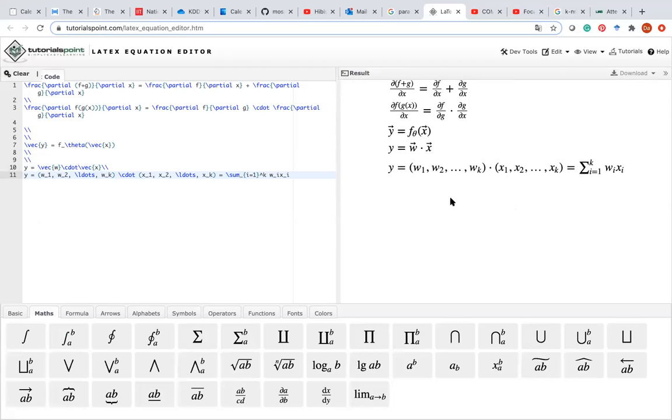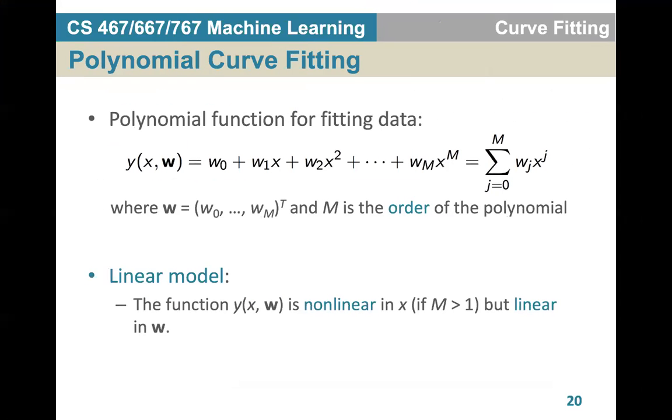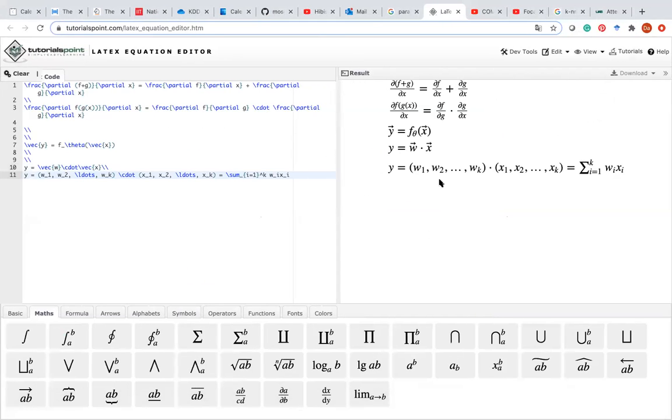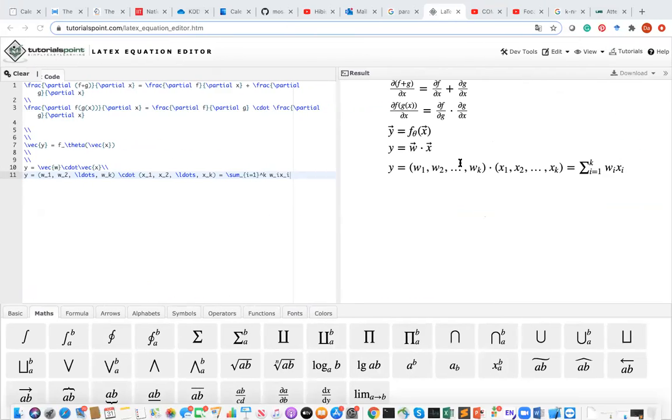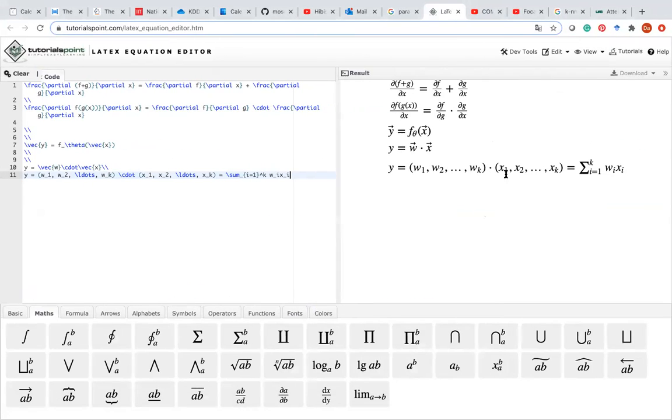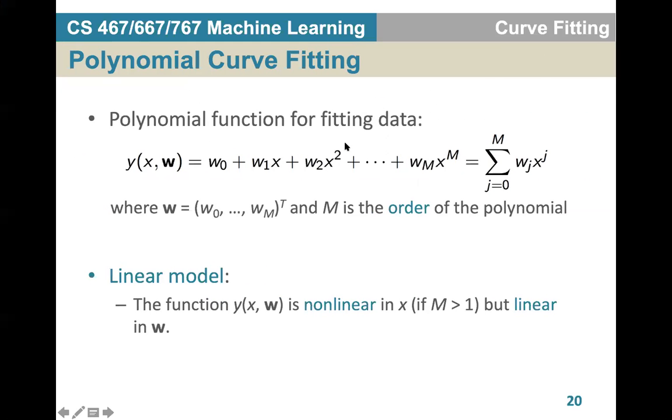So this is always a linear function. Here the x is our w, so the weights are constants. So if x is 2, then this is 4, and so on.